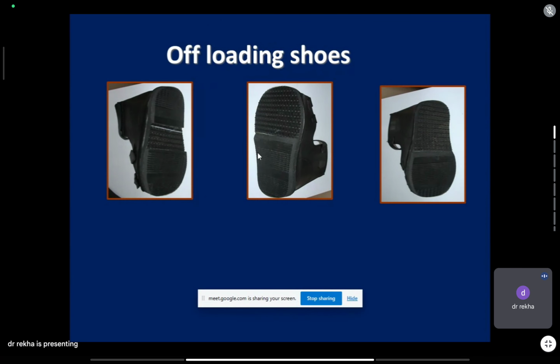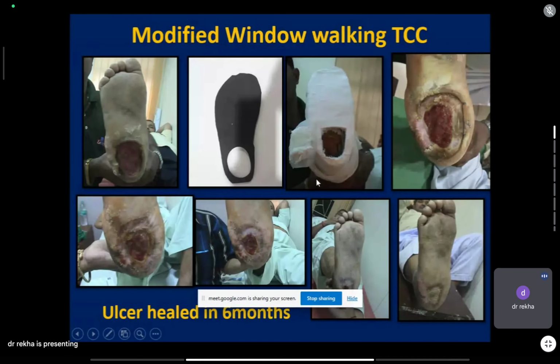So these are the different types of offloaded shoes. This is the mid offloaded shoe. If the ulcer is in the midfoot, you can give this type of offloaded shoe. Ma'am, there is a window opening for the ulcer. Yes, ma'am. We are using this type of insole and giving the plaster, and there is a window cut.